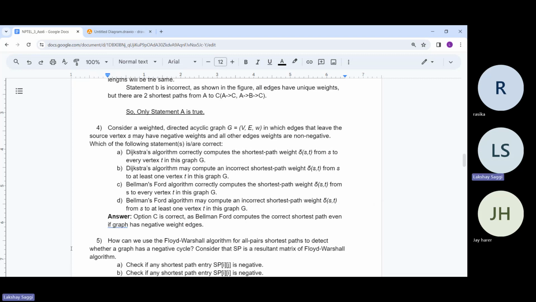Okay. So option C is correct. So out of option C and D, only option C is correct.